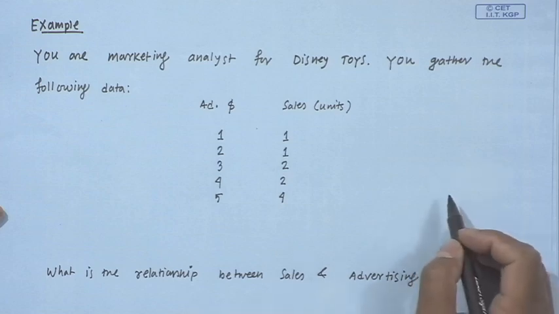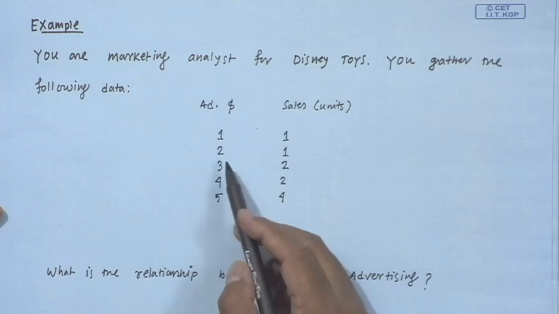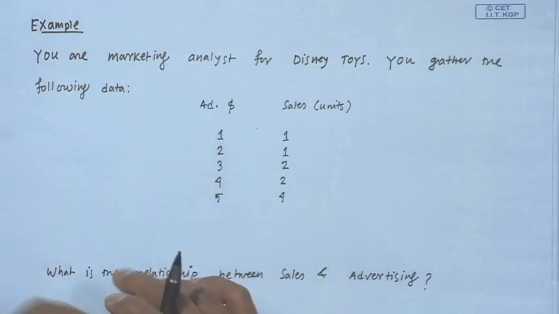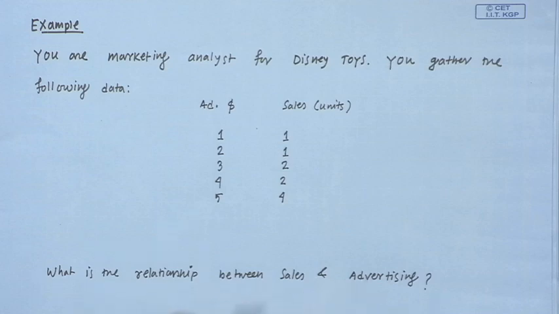Here, what we want is the relationship between the sales and advertising cost. You can see that the amount of money we want to spend is a sort of controlled variable. You can decide how much money you want to spend for advertising, but the sales amount is not a controlled variable. You can't control the sales amount. So, the sales amount is a dependent variable.